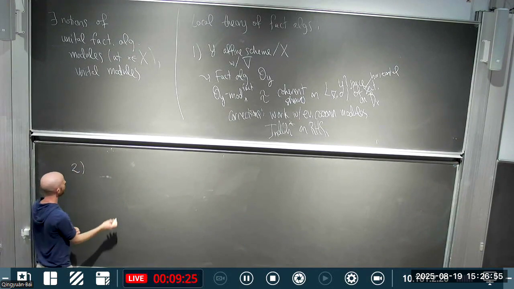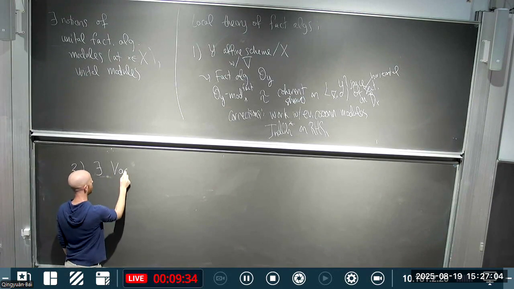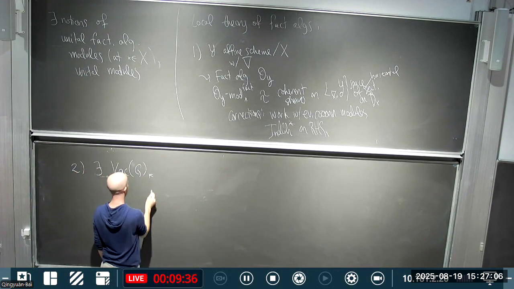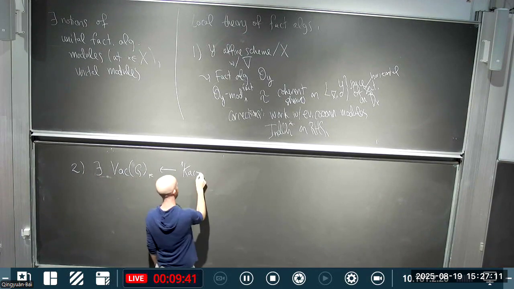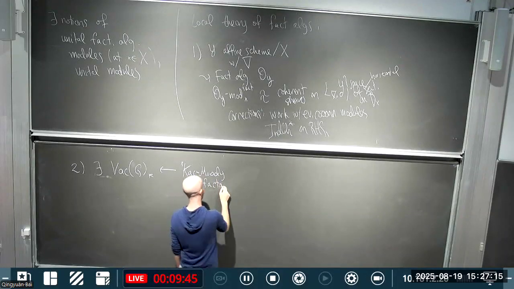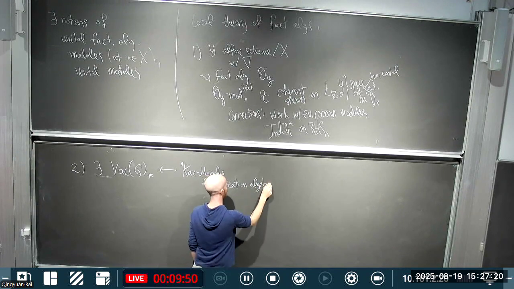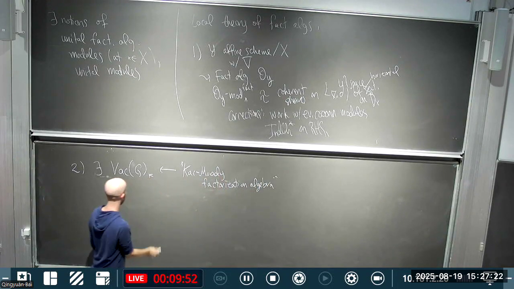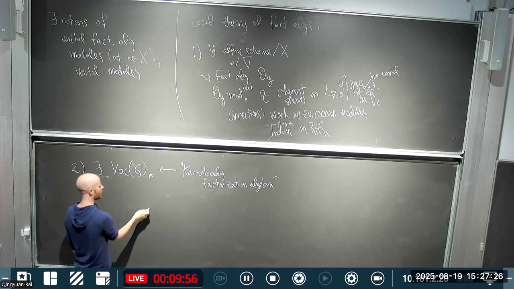And then the second statement is that if you take this Kac-Moody, okay, so there exists something which is called Vac_{G,kappa}. This is sometimes called the Kac-Moody chiral algebra or factorization algebra. So there's this kappa, which is supposed to be in Kabir's talk, but we all complain about it.